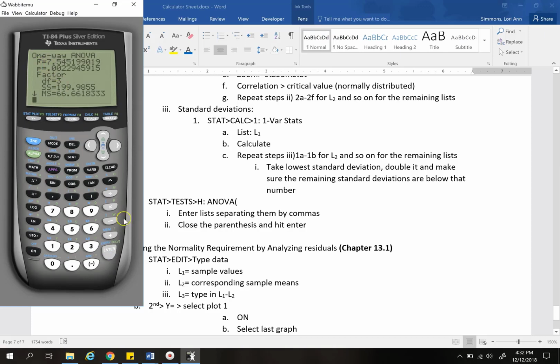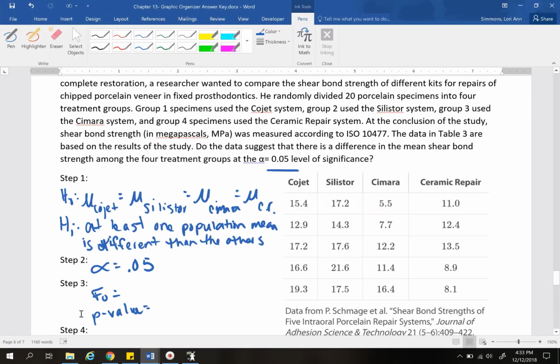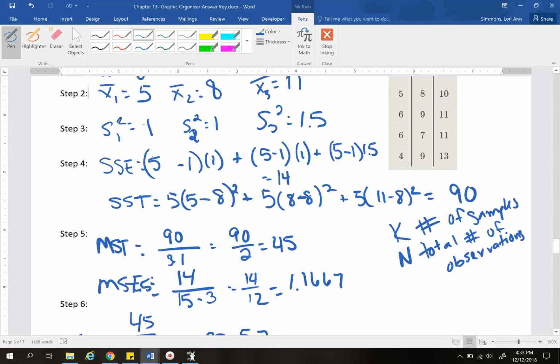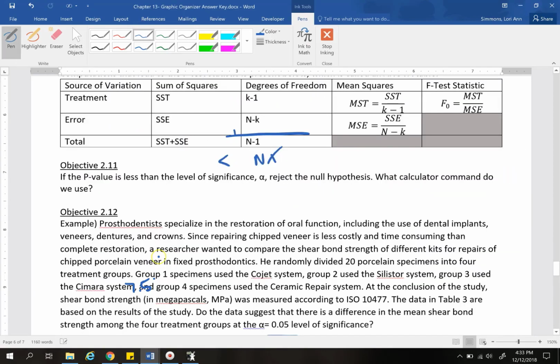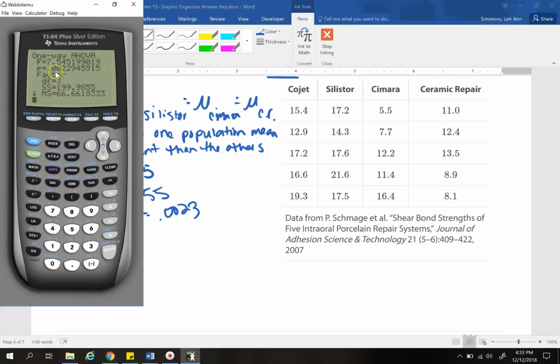Here our F test statistic is 7.55, and our p-value was 0.0023, right underneath.